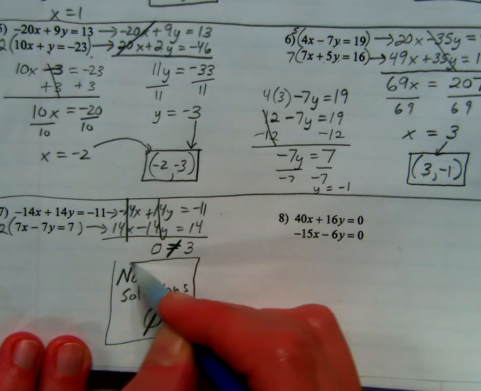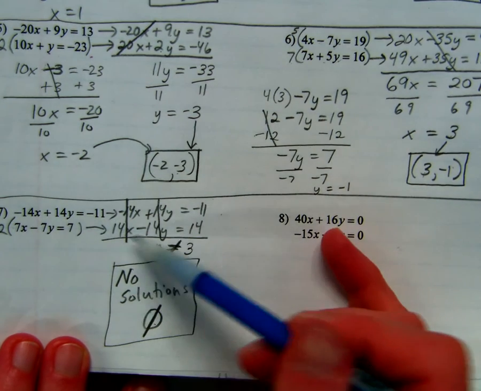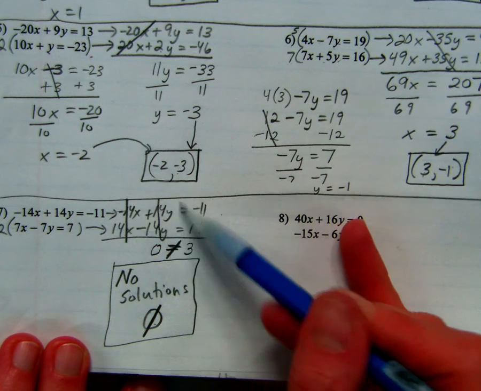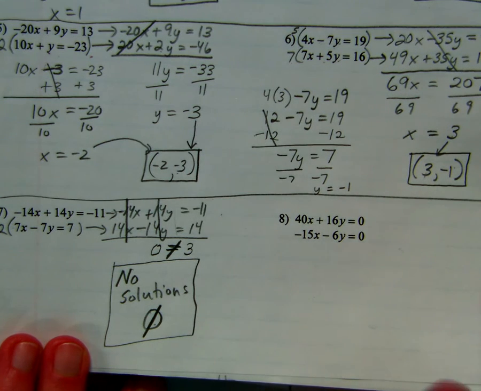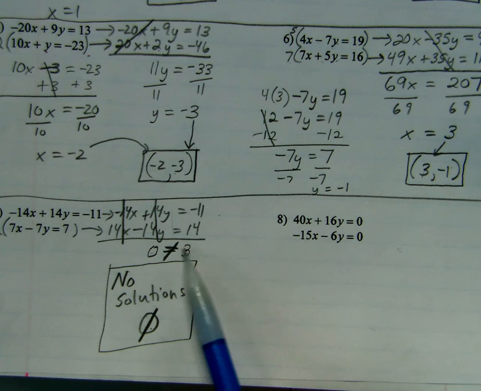So what that means is they have the same slope, which is why these all canceled out. And they're parallel lines, so they will not cross at any point, anywhere, anytime. And you could rearrange the equations and graph them if you wanted to, just to check and make sure. But if they come out not equal like that, it means no solutions.